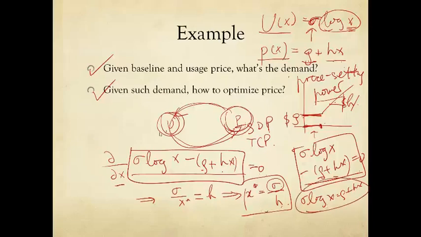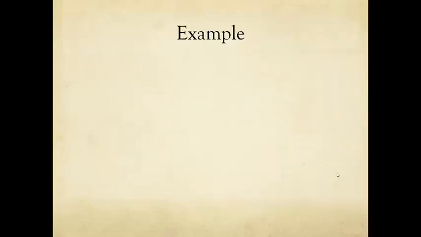One is by the demand modeling, the other is by the monopoly price setting modeling. We can stick this x into this equation, and now we have the following result: sigma times log of sigma over H equals G plus H times sigma over H, which equals G plus sigma.